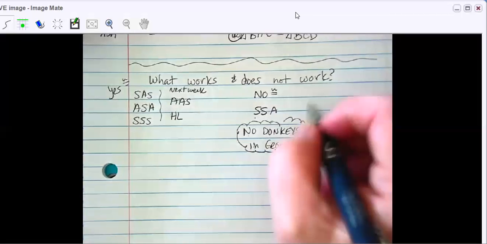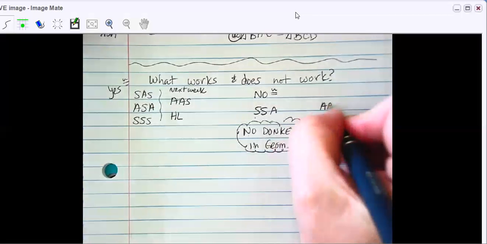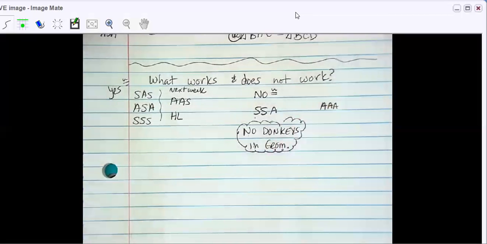The other one that does not work is AAA. Angle, angle, angle only ensures that it's the same shape. So let me give you an example. If I have a golf ball and a basketball, they're both a round sphere, but there's nothing that guarantees me they're the same exact size.